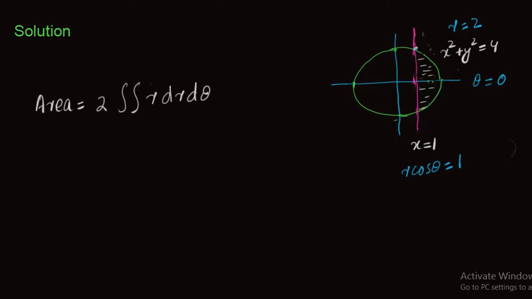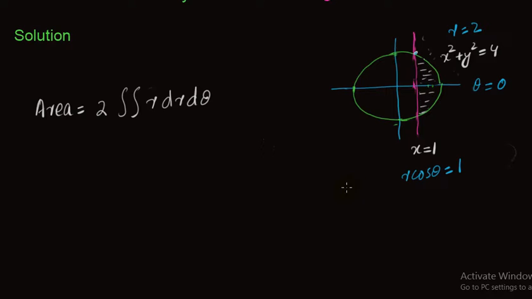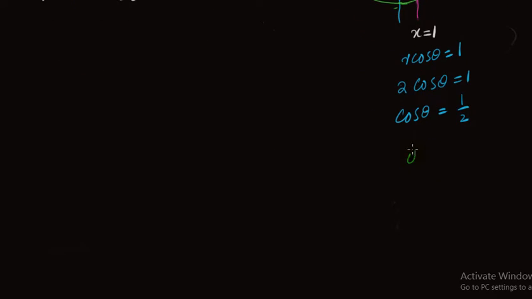So for the point of intersection we put r equal to 2 in r cos theta equal to 1. So when r equal to 2, 2 cos theta is equal to 1, cos theta equal to 1 upon 2, and theta equals cos inverse of 1 upon 2, and cos inverse of 1 upon 2 is pi by 3.